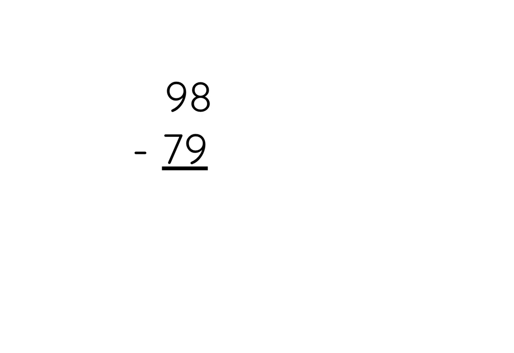Number 9, 98 minus 79. So the 90 is bigger than the 70, and the 9 is larger than the 8. So we know that we're going to have a negative in the ones column.